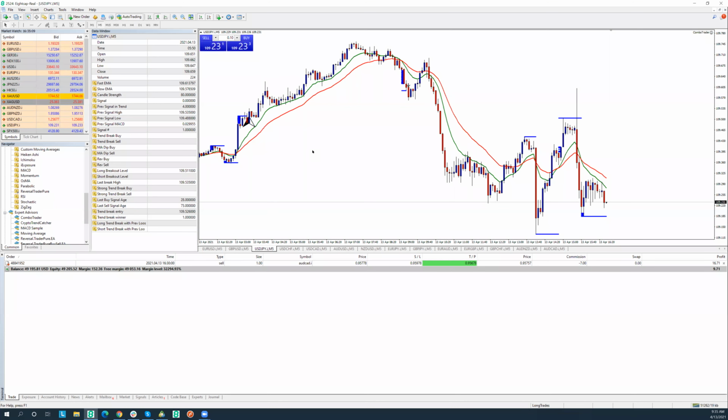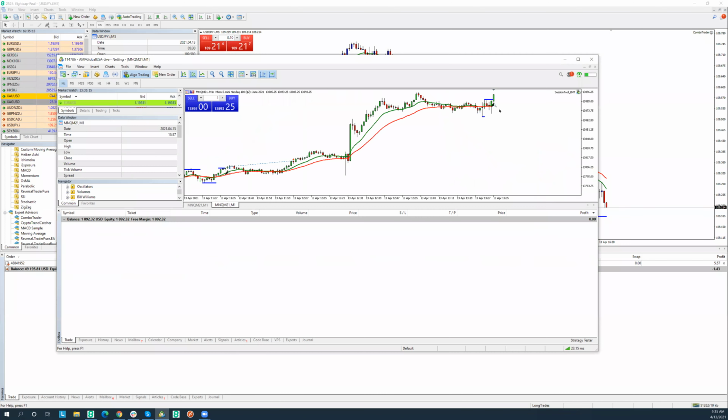But what's interesting, as we are talking, is that we have a possible setup in NAS on futures. If this goes, we're going to get long. I've been trading this with a 15 stop and 7 target.